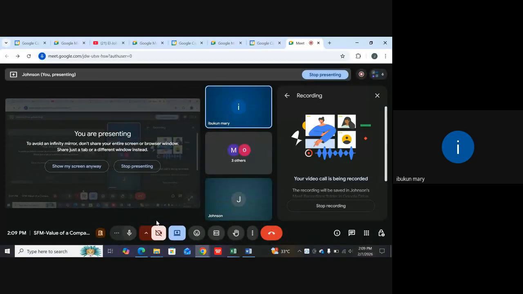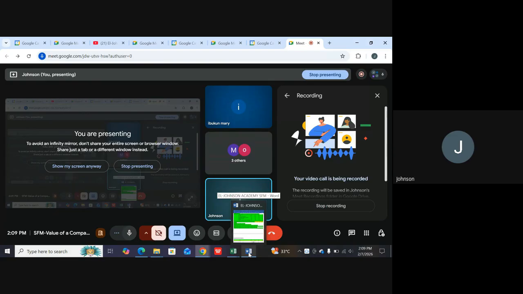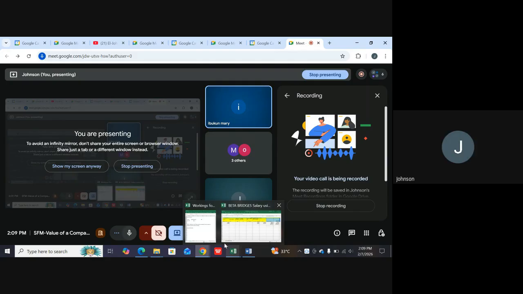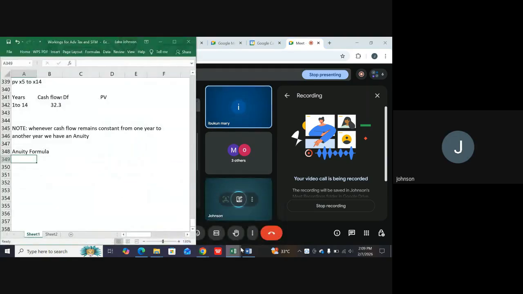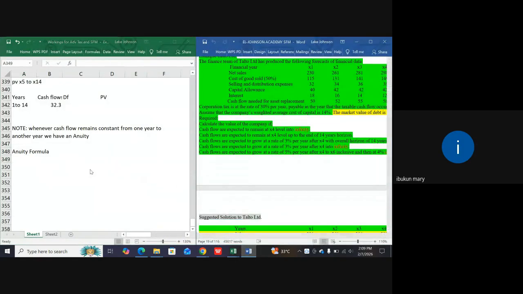Yes. Okay, so what's the formula? Continue, please. 1 minus (1 plus r) to the power minus n, over r.